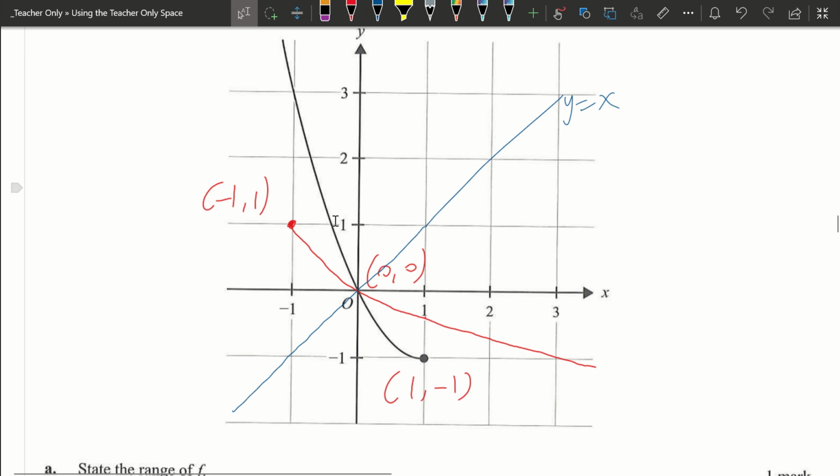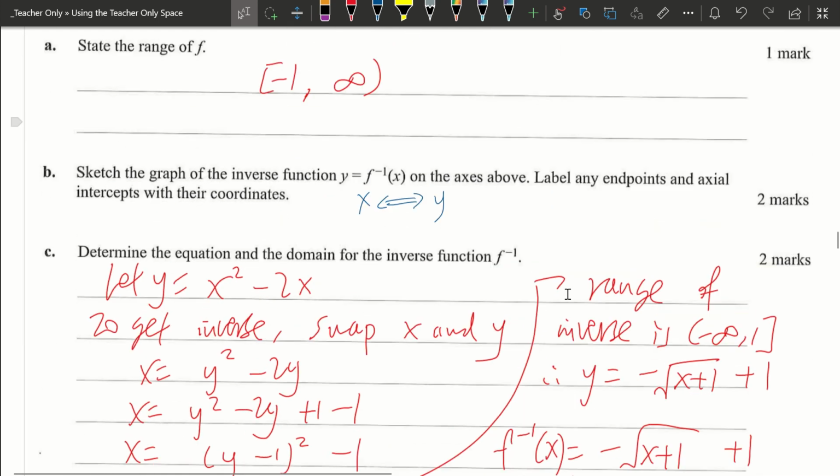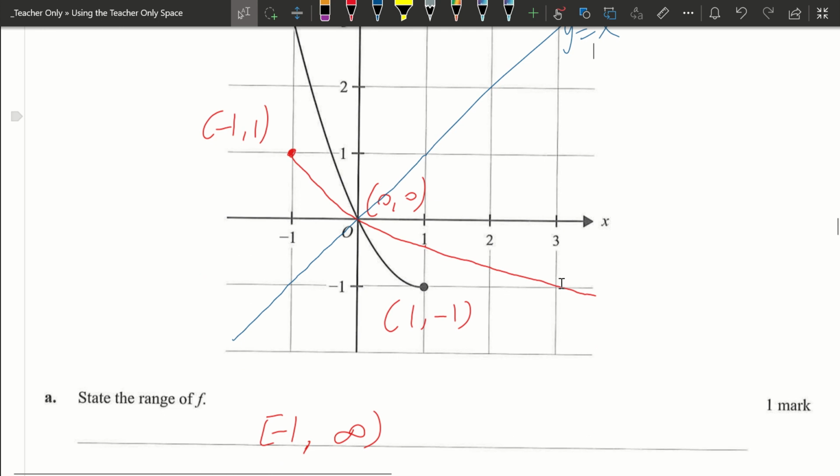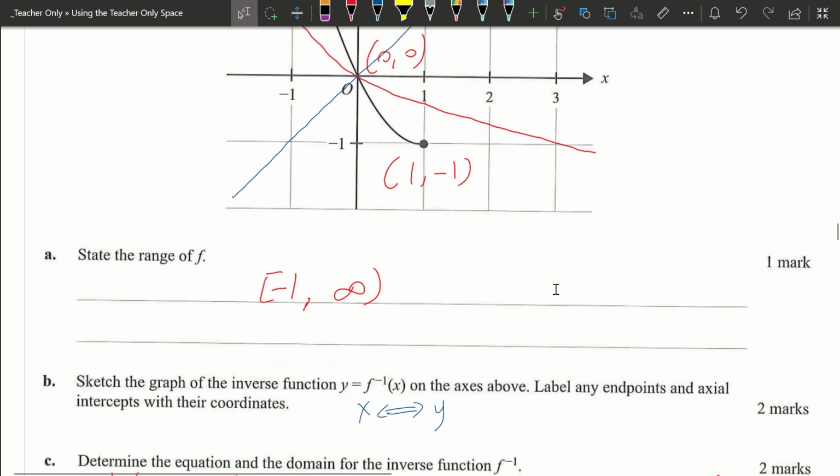You take a point, for example, a negative small number, and you go 1 and then a negative small number, and so on. Actually, this point is good to use: (-1, 3). X is -1, which means that's going to be the y value, and y is 3 here, which means that's going to be the x value. So x is 3, y is -1 on the red curve.